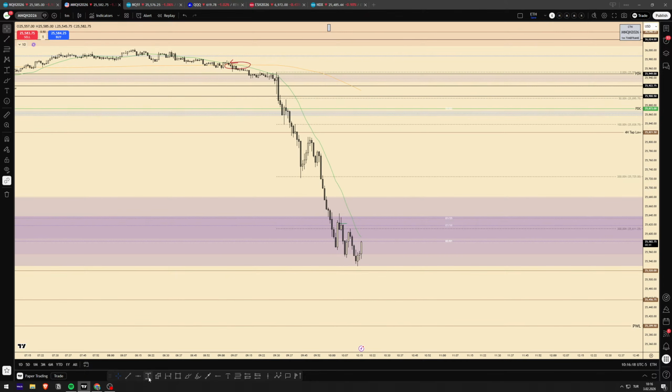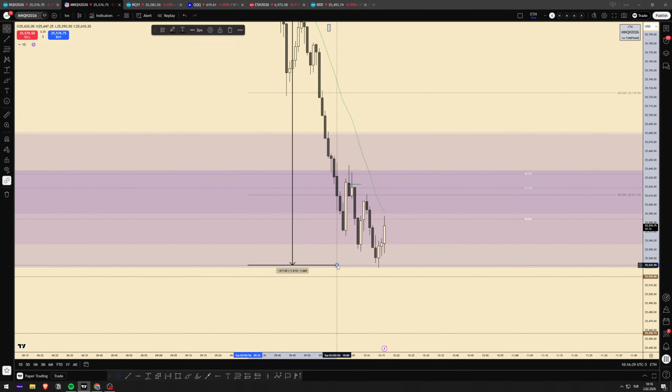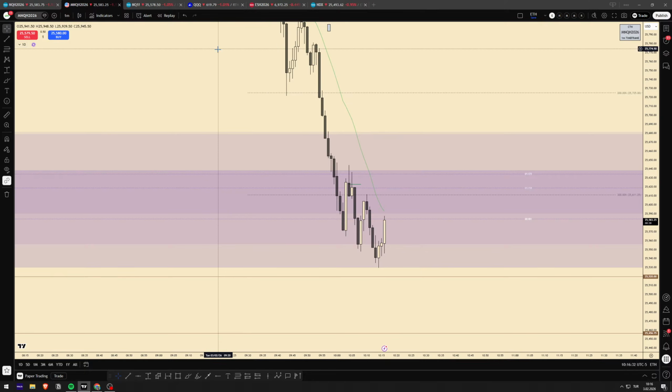But since this has expanded quite a bit, I just didn't want to carry the position too much, and I just took my pieces and gone.